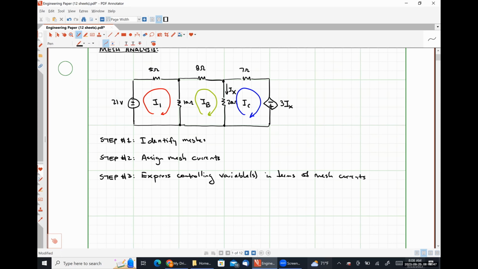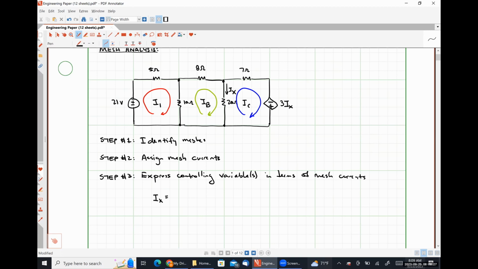So what's our controlling variable in this circuit? The current IX, absolutely. So the current flowing down through that 20-ohm resistor. Okay. So in the case of a current like this, what we're effectively looking for is the mesh current that's flowing in the same direction as indicated by IX as it passes through that 20-ohm resistor, minus the mesh current that's flowing in the opposite direction as it passes through that 20-ohm resistor.